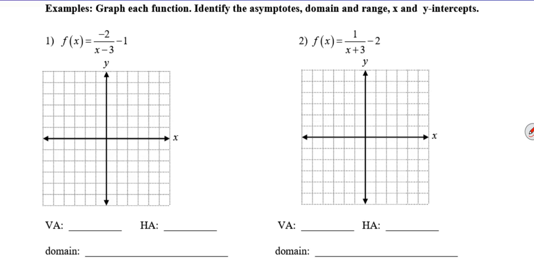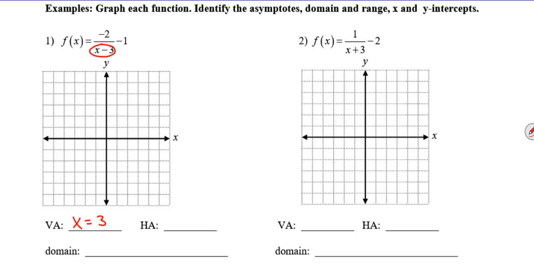Now, when we graph this, we're going to focus a lot on the vertical asymptotes and the horizontal asymptotes. So if I'm looking here, x minus 3, what's the x value that makes the denominator equal 0? It would be 3. So my vertical asymptote will be x equals 3.